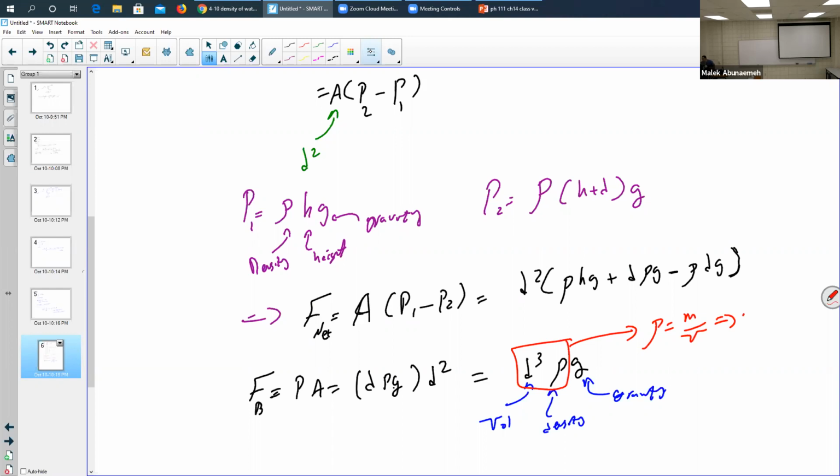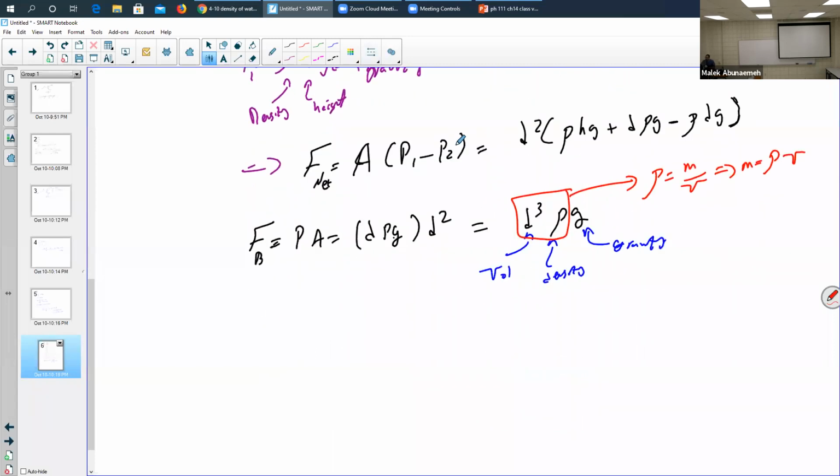That means your mass is your rho multiplied by your volume, which is what we have over here. So your buoyant force is going to equal your volume multiplied by your rho multiplied by your gravity.